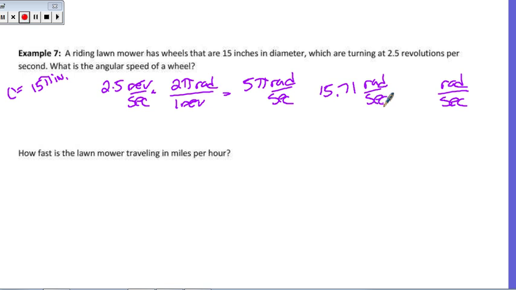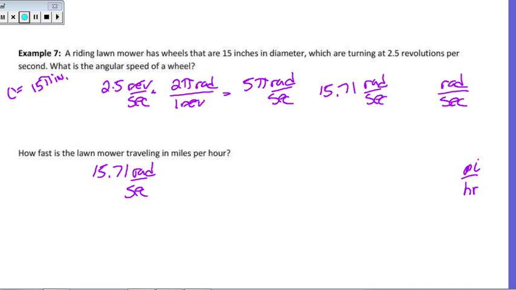And then they say, okay, well, how fast is the lawnmower traveling in miles per hour? So I know I'm at 15.71 radians per second. And I want to get myself over to miles per hour. And actually, the angular speed's really not going to help me here.